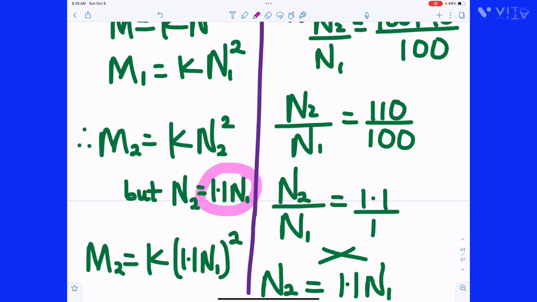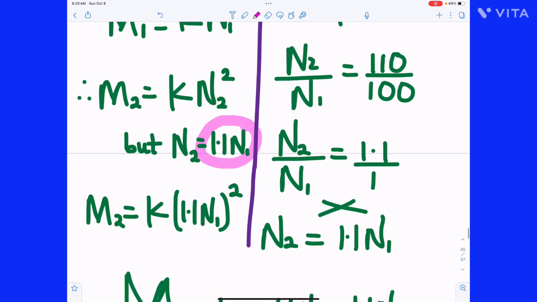Now, cross multiplying, what will cross multiplying give us? Cross multiplying will give us n2 is equal to 1.1 n1. Can you see that? An expression of n2 in terms of n1 will be n2 is equal to 1.1 n1.